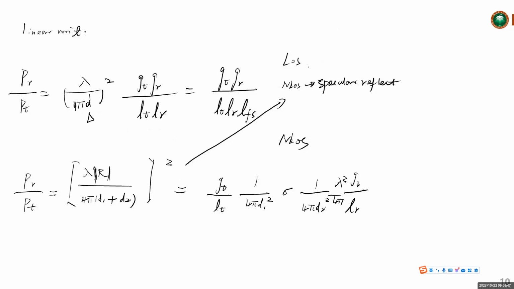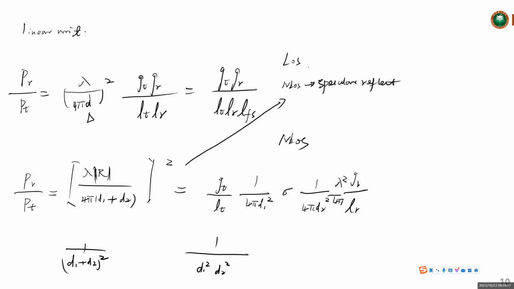So for a specular reflection, we have 1 over (d1 plus d2) squared, right? And for diffuse scattering, for example, in different directions, it is d1 squared times d2 squared, right?